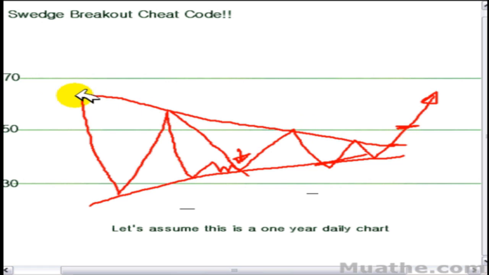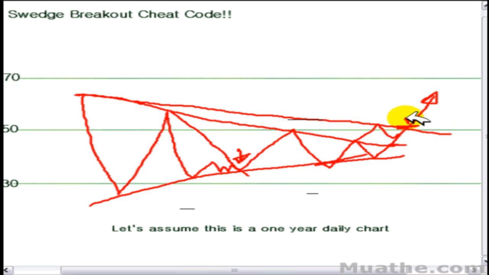Those are the best breakouts. Let's say the stock moved there, stalled, and now we have a new breakout swedge right there. So this becomes our entry point. We always want to get our best entry point when the stock is making a fresh breakout out of a swedge formation and into the 50 and above area.